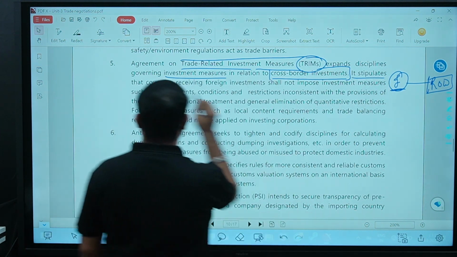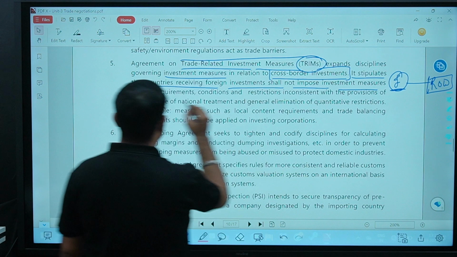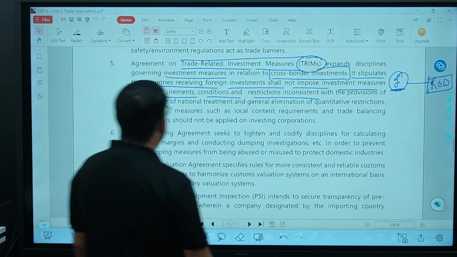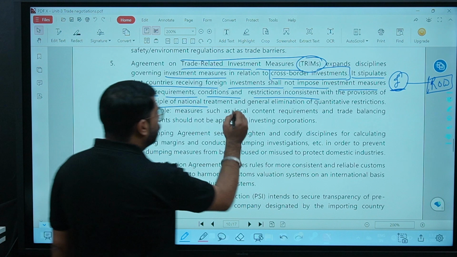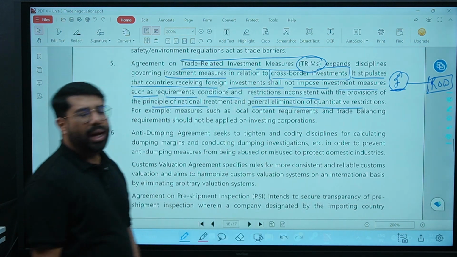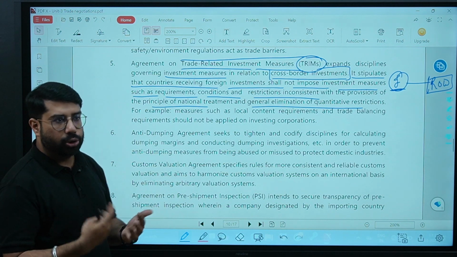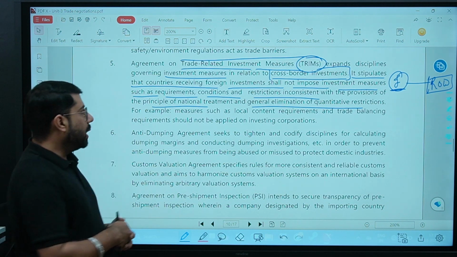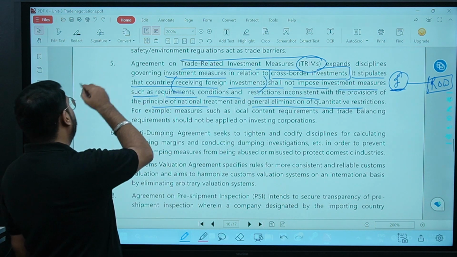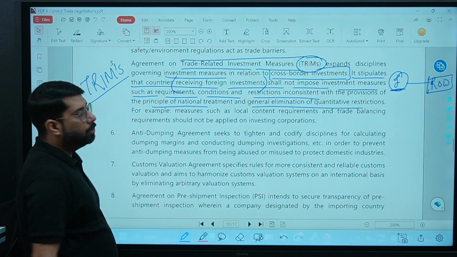It stipulates that countries receiving foreign investment shall not impose investment measures such as requirements, conditions and restrictions inconsistent with the provisions of the principle of national treatment and general elimination of quantitative restrictions. What we are saying is that whenever cross border investment happens, the country receiving the investment shall follow TRIMS.